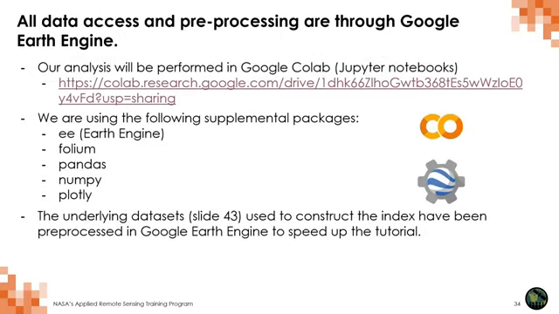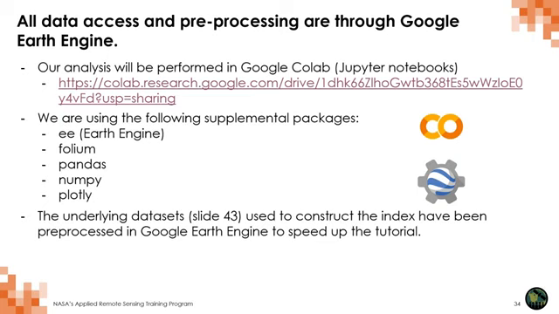So all of our data access and pre-processing is using Google Earth Engine. And we're using a Google Colab notebook, which is essentially just a Jupyter notebook, to actually perform some of this processing. And in addition to Earth Engine, we're using a couple of other simplified Python packages to help aid us through the process.